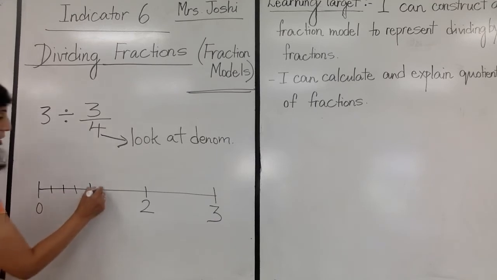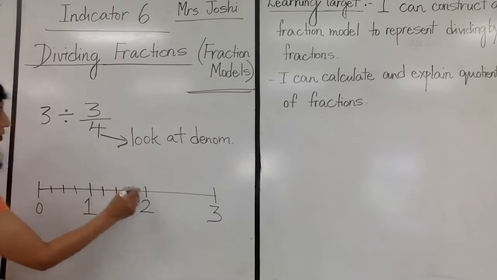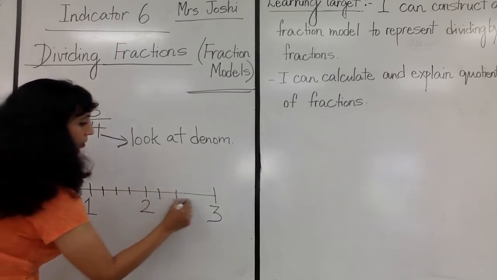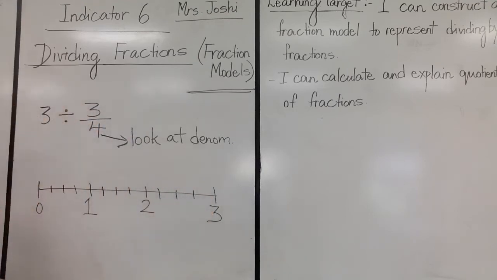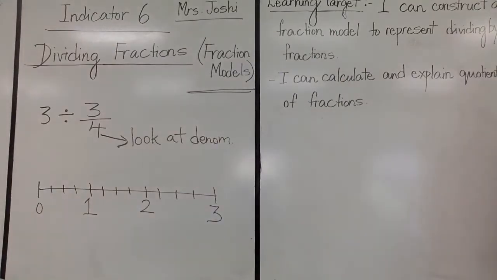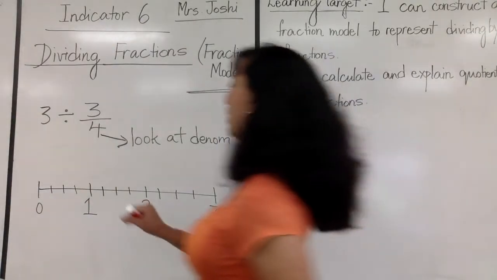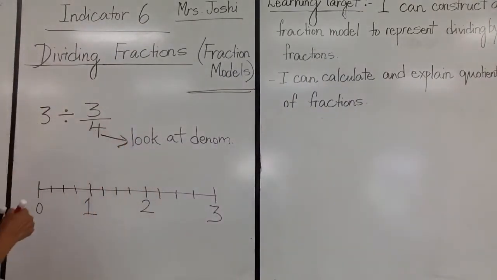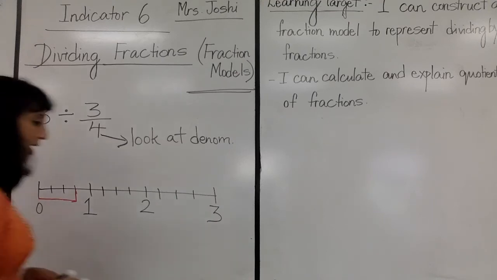1, 2, 3, 4. 1, 2, 3, 4. 1, 2, 3, 4. Okay? And so each of those is broken into 4 parts based on the denominator. And then after that, I am going to take 3 out of 4. So look, I go 1, 2, 3 is one section. Okay?